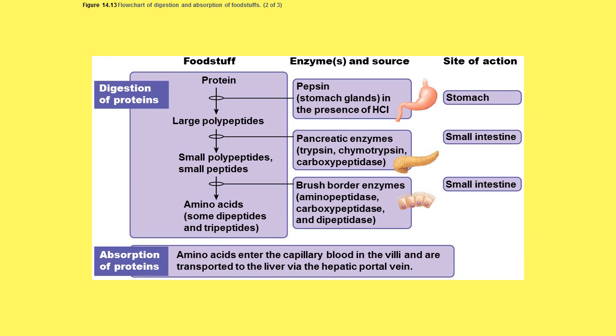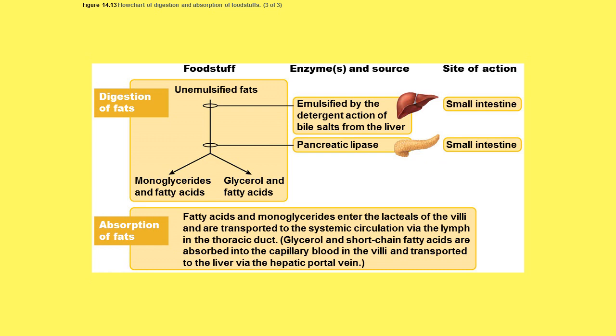It is able to occur in that low pH. And then it's also going to continue in the small intestines. And then the absorption of all the substances will occur in the small intestines. And then your digestion of your fats. This occurs in the small intestines because of the addition of the bile and the pancreatic juices that are added in the small intestines.